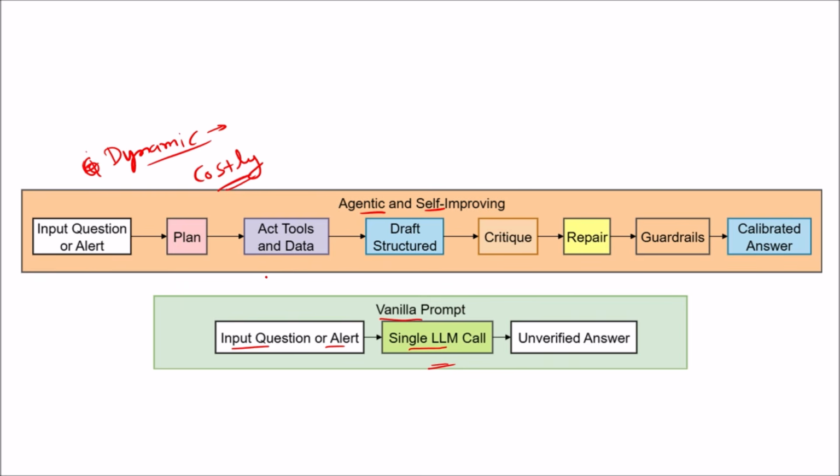Here you can see the complete pipeline for agentic and self-improving prompts. This pipeline is divided into two parts, the agentic part and the self-improving part. In the agentic part, you can see that it covers three different types of operations. First, we take the input questions, alerts or queries. Then we plan. So what is plan?